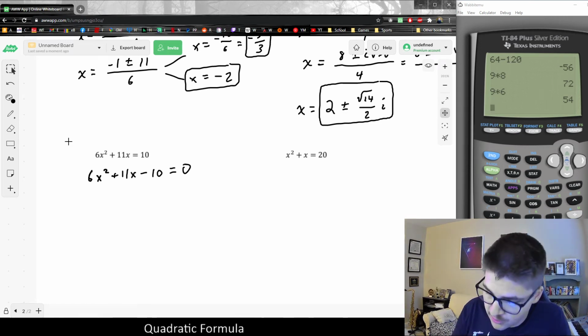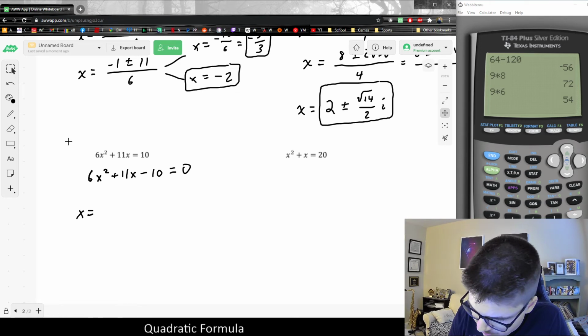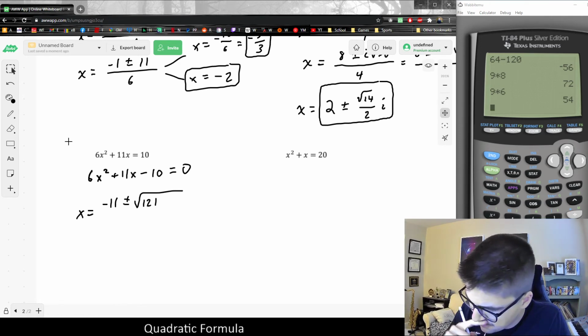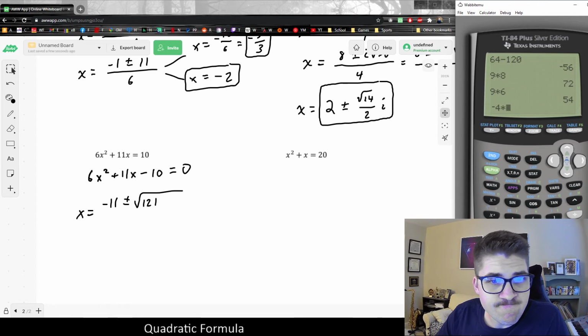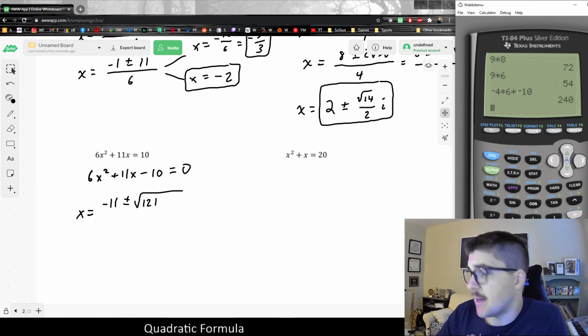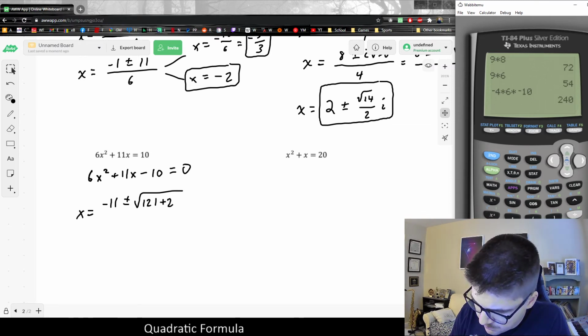Now I can use the quadratic formula. So getting those answers, I would have negative b plus or minus the square root of b squared minus 4ac. In this case, I'm going to have negative 4 times a, which is 6, times negative 10, which is c. And that would be plus 240.